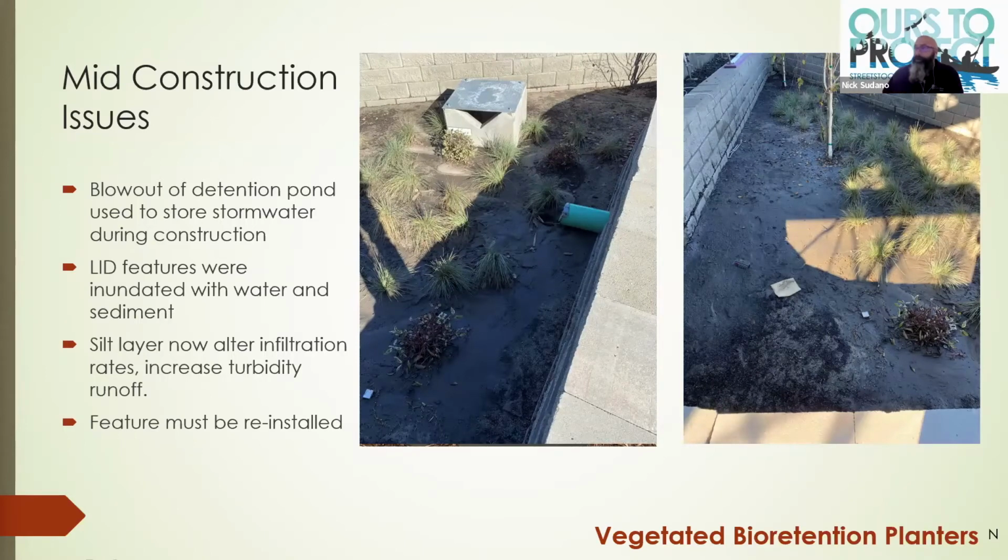So mid-construction issues, again, you can kind of see some of the issues in the mucking that's going on. The silt layer is now altering the infiltration rates. It's increasing turbidity. And our runoff, once it goes into the high flow bypass, is going right into our stormwater system. During construction, we will require these features to be reinstalled.